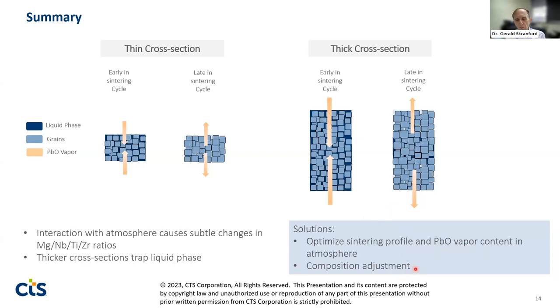And the other one that I've just started, so it's very early on, is looking at a slight compositional adjustment that might take into account a shift in these ratios in our actual grains occurring because of the presence of the liquid phase. My thought being that perhaps if I get closer to whatever the composition is migrating to, I can get away with a little bit less liquid phase and make the process more reproducible.